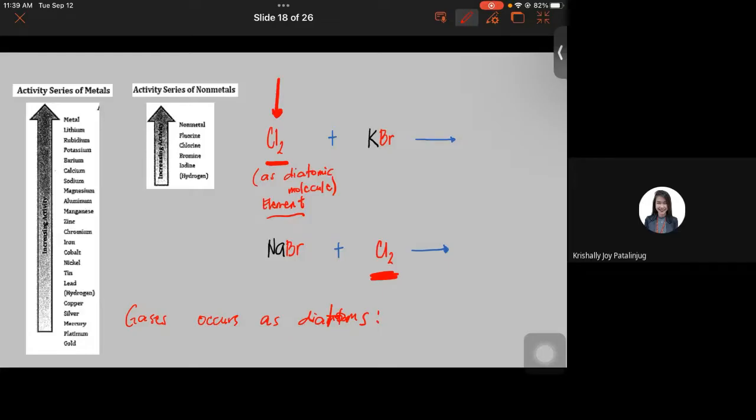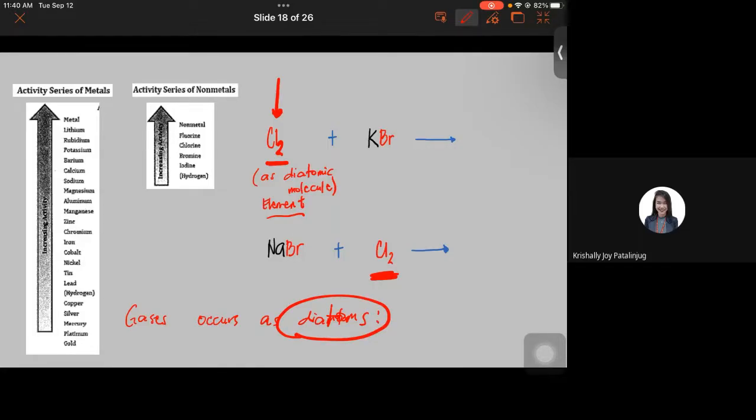And those are gases. Hydrogen, oxygen gas, fluorine, bromine, iodine, so on and so forth. Okay? So they occur as diatoms kaya may nakalagay na subscript of 2. Okay, so never will happen na sa equation kapag may chlorine, walang subscript of 2. Okay, so dapat meron siyang subscript of 2 as a diatomic molecule.